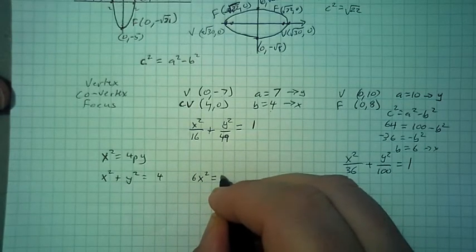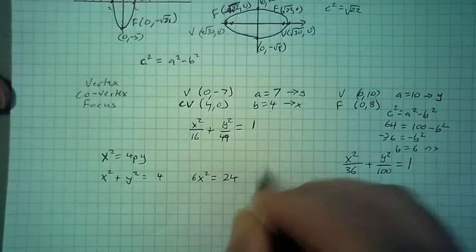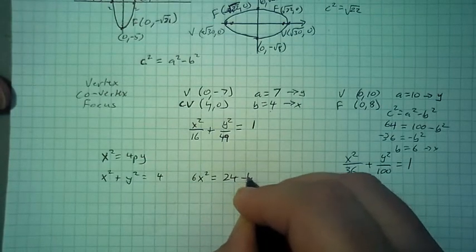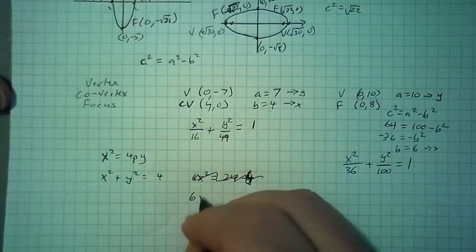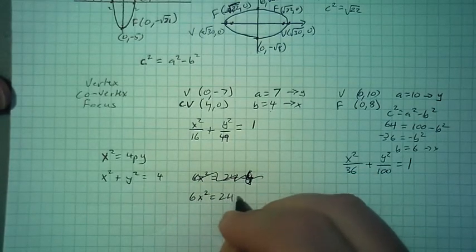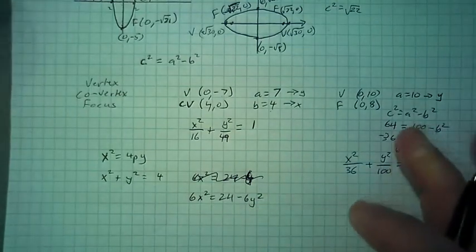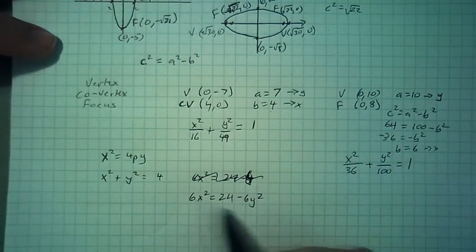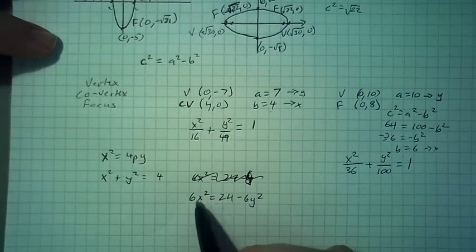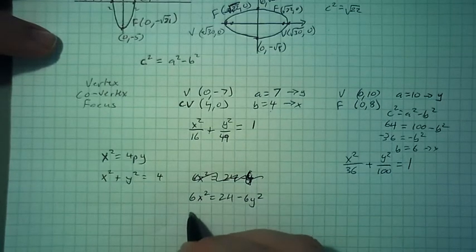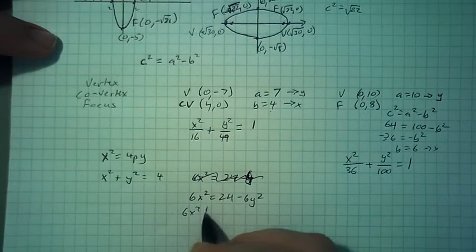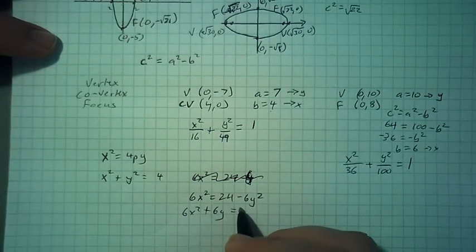You may see something like this: 6x squared equals 24 minus 6y squared. Where they're not on the same side yet, but we're going to put them on the same side, but their coefficients have the same value, which is how you're going to tell a circle apart from an ellipse.